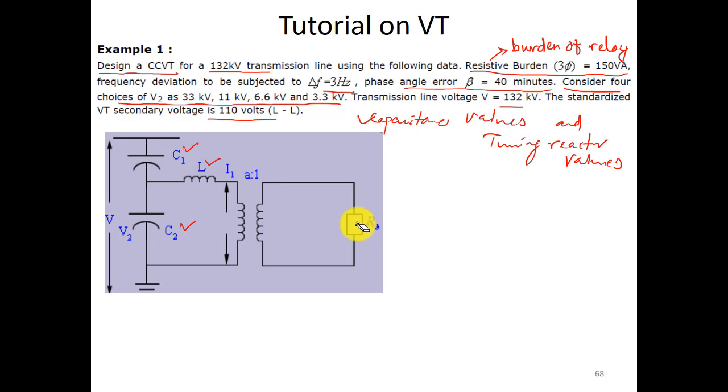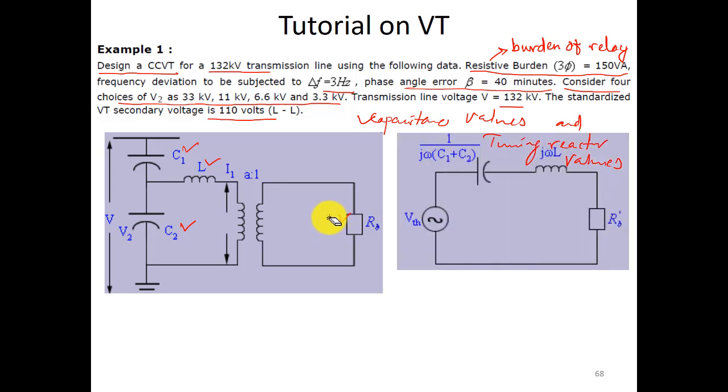Now we need to transfer this RB to the primary side so that it becomes a single circuit and our analysis becomes easier.